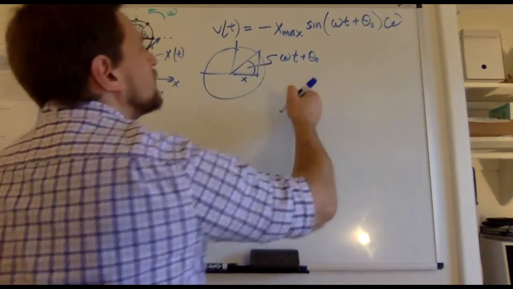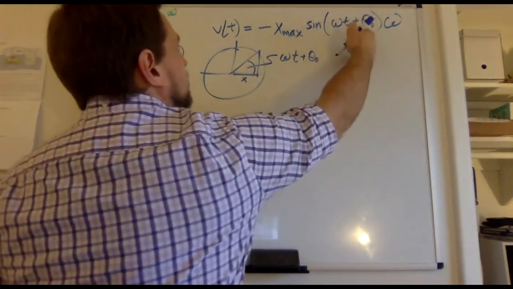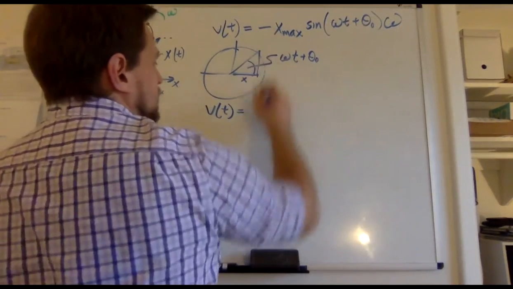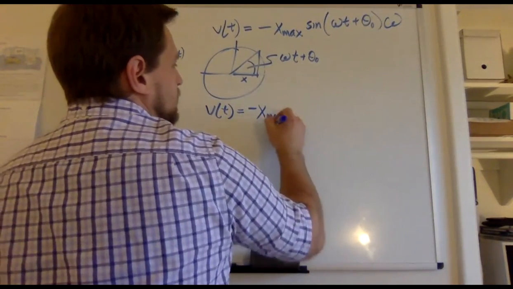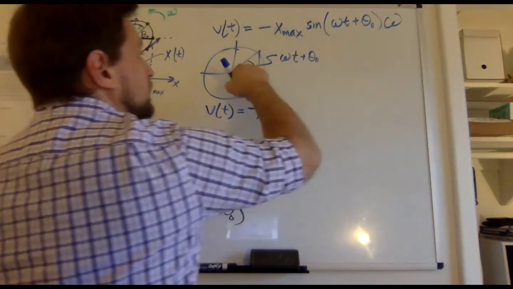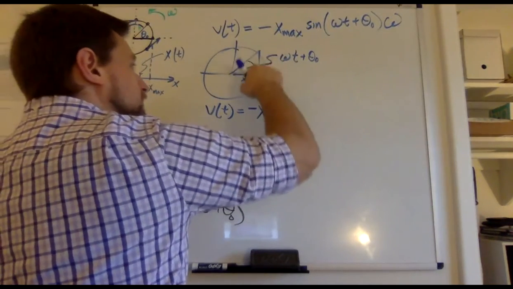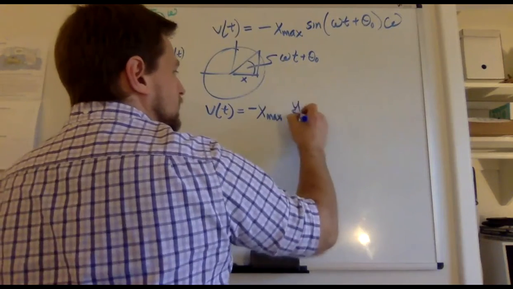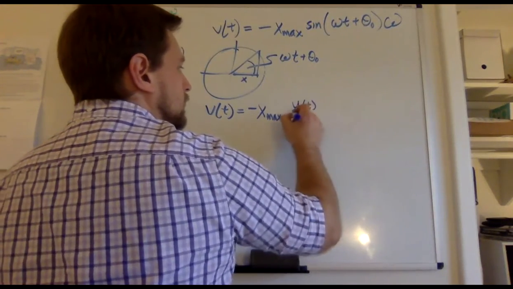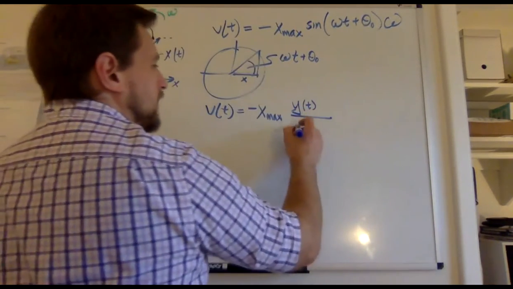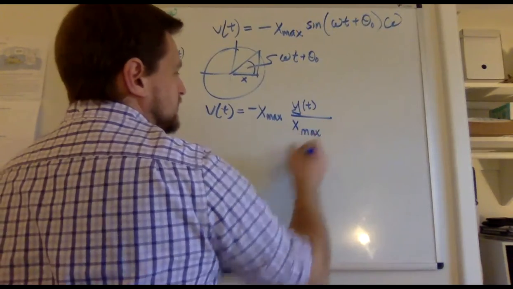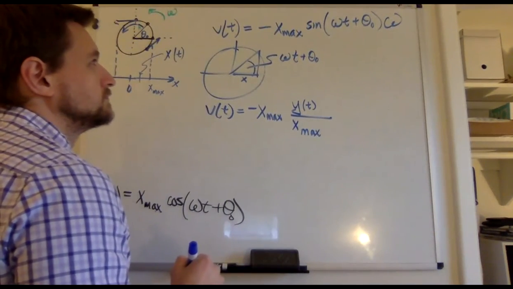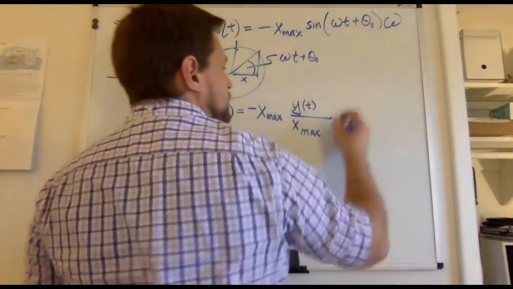So, okay, wait a minute. The sine of the thing, so let me write this again, v of t is negative x max. The sine of that angle is the vertical piece divided by the hypotenuse, but the hypotenuse is x max. Times omega.